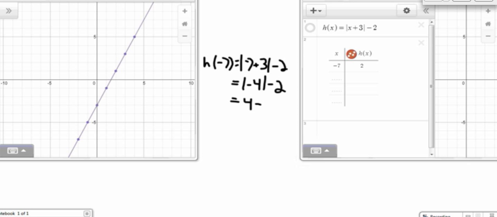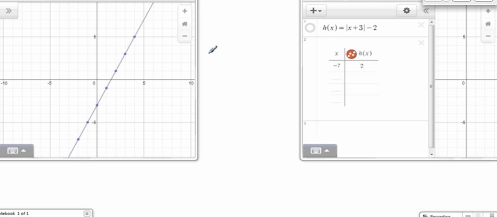And of course we can do one more just for fun. And we can try the next integer higher than -7, which is -6. So let's try h of -6. So h of negative 6 is equal to absolute value of negative 6 plus 3 minus 2. And negative 6 plus 3 is, of course, negative 3.